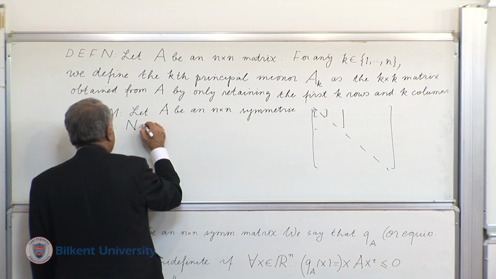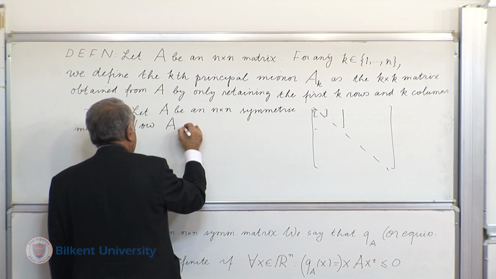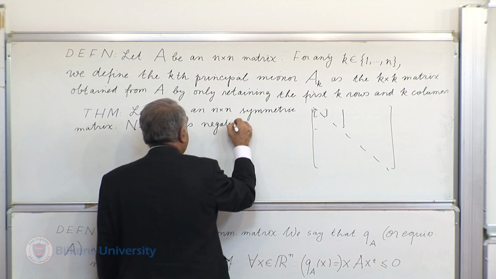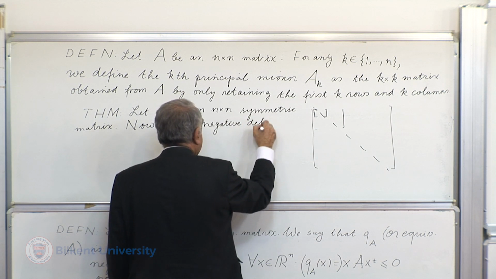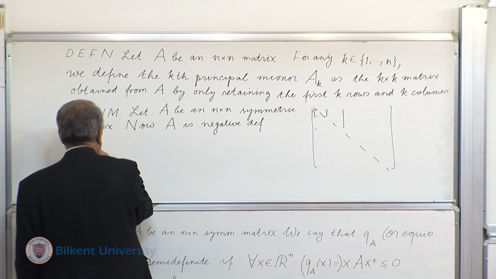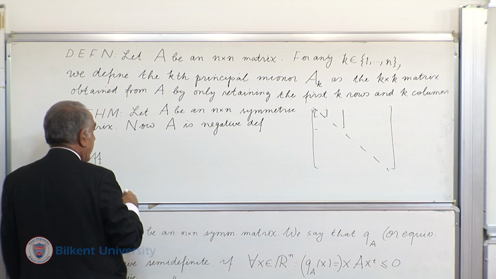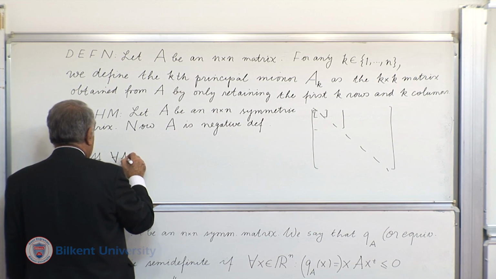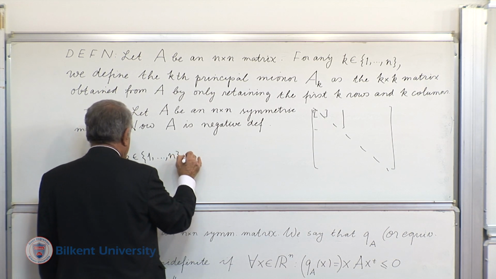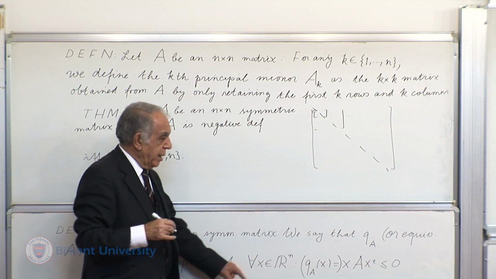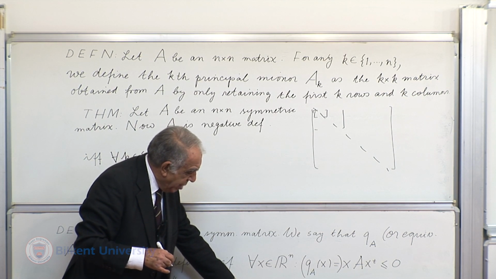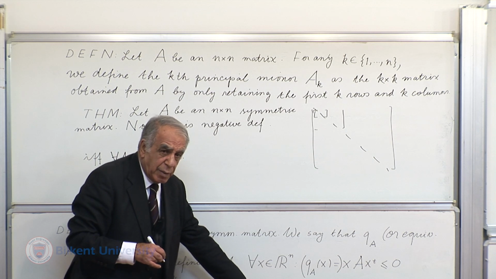Now, A is negative definite if and only if, for all k in 1 to n, the determinant of the 1 by 1 matrix was negative, the second one was positive.